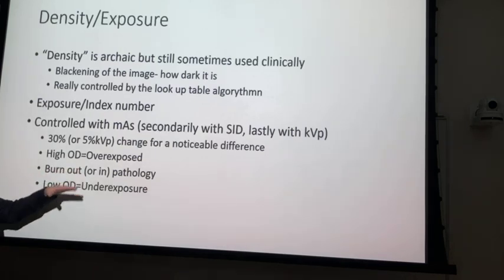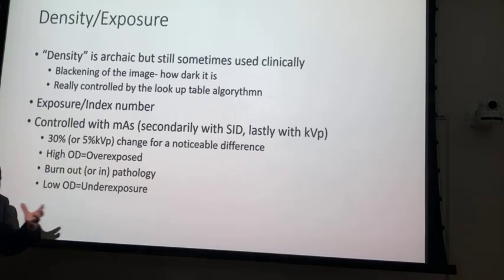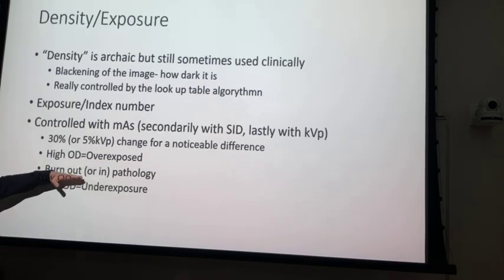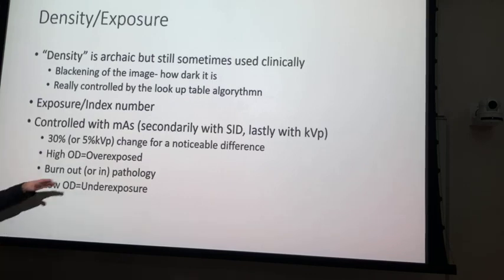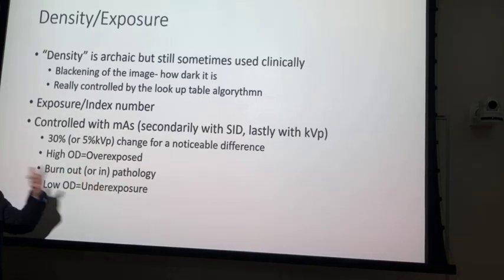And with underexposure, your overall density and exposure may be so similar that you can't make out the pathology, okay? What burn it in means is that you demonstrate something that you mentally think is a pathology, and it's really not a pathology.